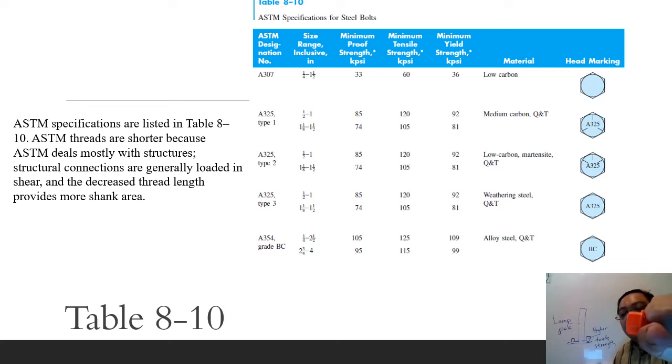The position is like this. You have the shear load here, the shear load going down. It is a shear load. So for this kind of connection you should use ASTM thread, and the diameter of the thread is also larger, because a larger diameter can provide larger support for the shear load.